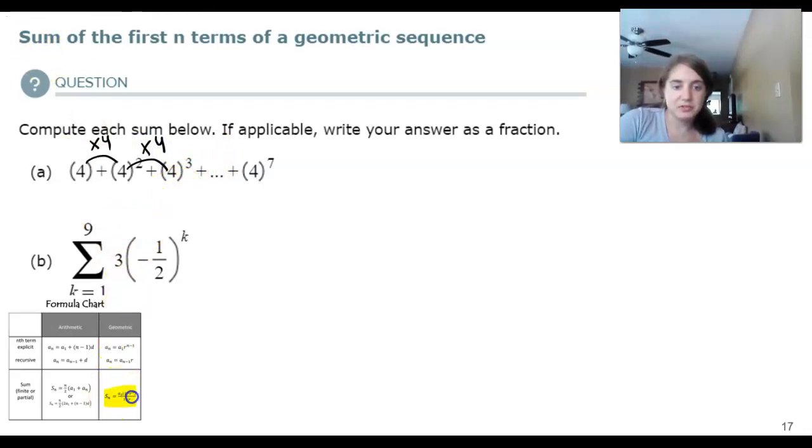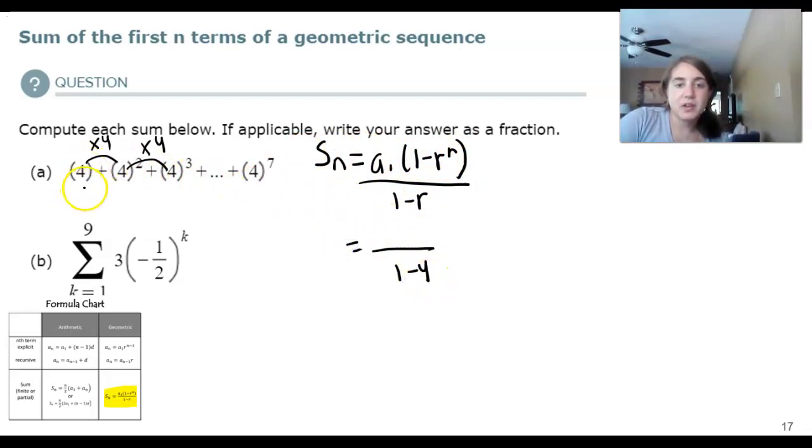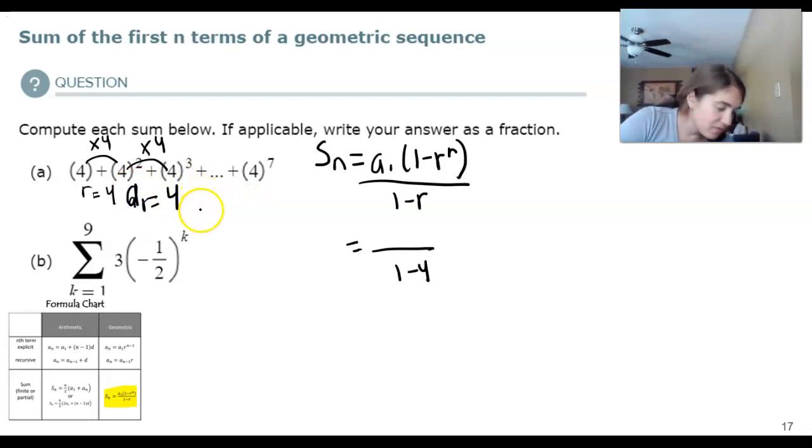So I know that I'm going to use this equation, S of n equals a1, and I know that my r is 4, my a1 is also 4, and I can see that my n equals 7.